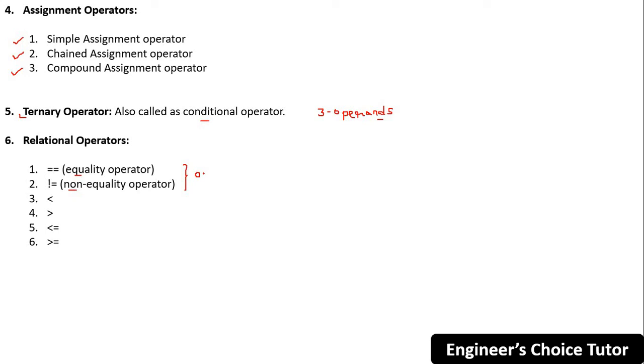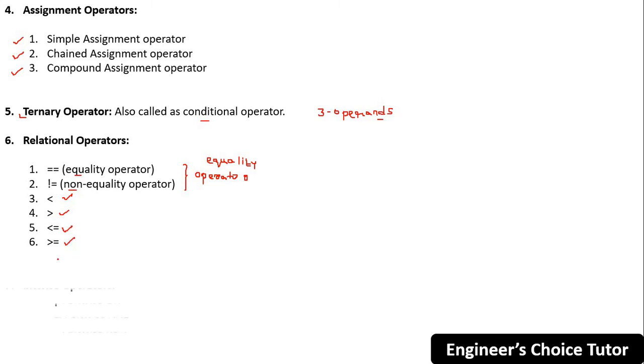You can see in many documents that they have covered this concept under operators. Basically it comes under relational operators only, this equality operator. Next, we have less than, greater than, less than or equal to, and greater than or equal to operators.